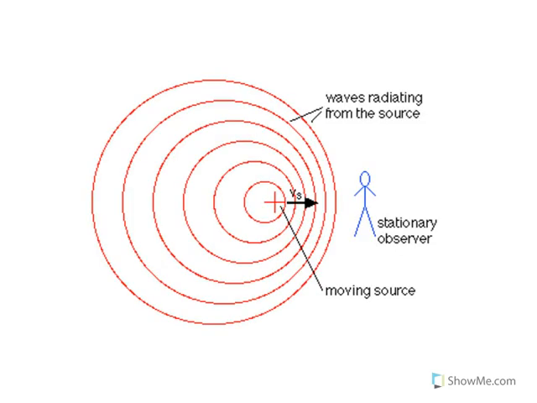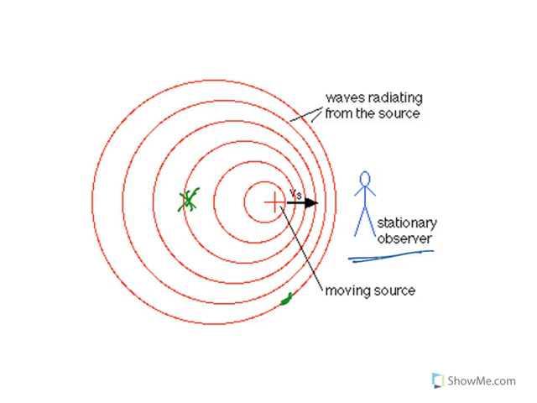And there's more information than this in your notes. Now, the alternative, of course, is that the observer's stationary and the source moves. You can see this outer ring here, that would have been produced when the source was there.